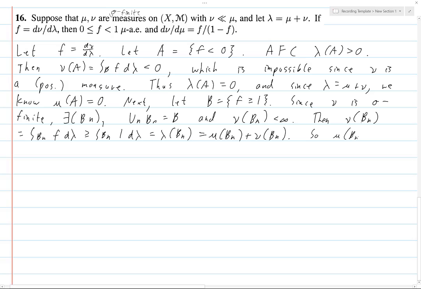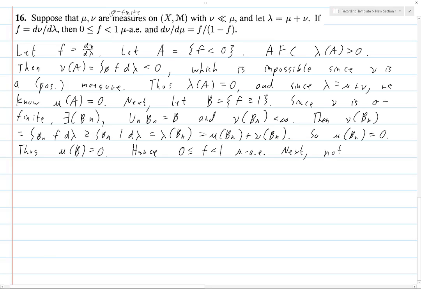So what we can do is cancel here because nu Bn is finite, and that tells us that mu Bn is 0. Thus, mu B is equal to 0 because B is a countable union of sets of mu measure 0. Hence, 0 is less than or equal to f, which is strictly less than 1, mu almost everywhere.